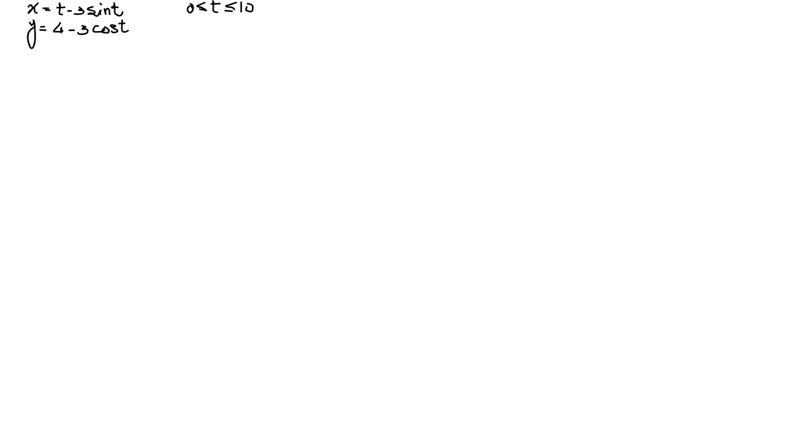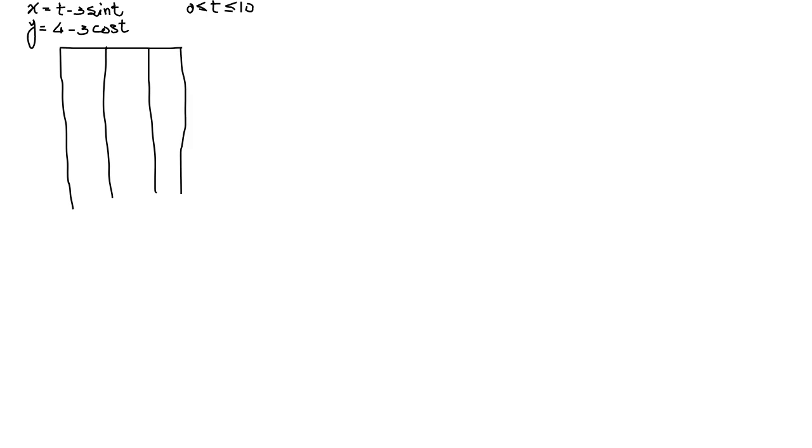Okay, so what you have to do, you have to first draw the table for t, for x and for y. Okay, so how many points from 0 to 10?